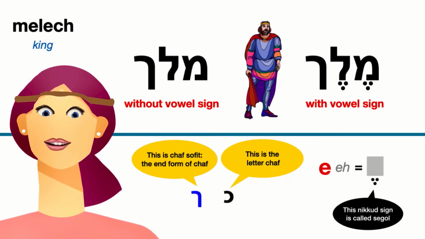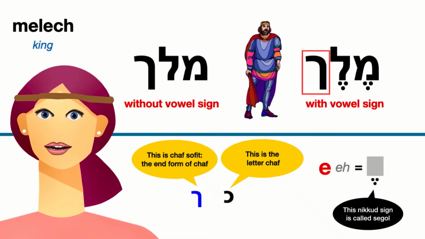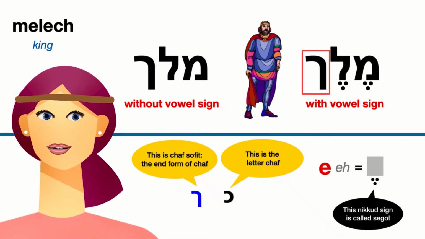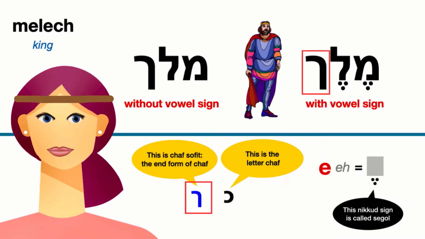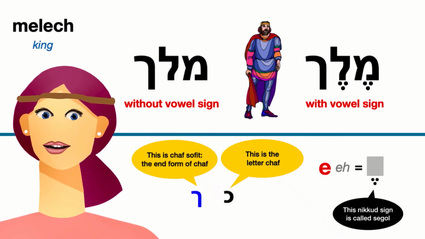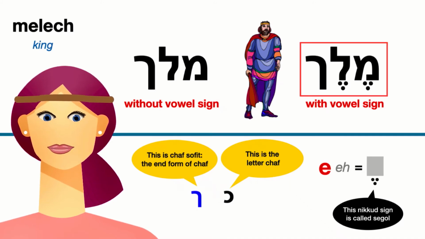And note that the last sound of this word is the sound of chaf, and because the sound of chaf is the last sound of the word, we write it as its sofit form, chaf sofit. So we pronounce this word as melech.